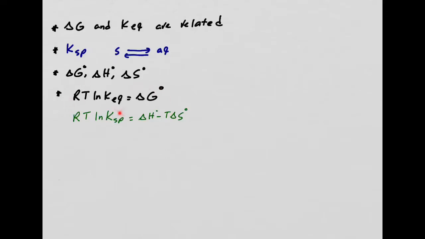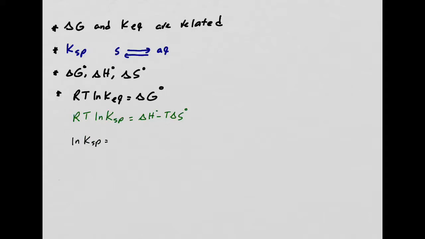So I took this. I knew my K equilibrium specifically is KSP. It's like KA, KB, KW. This is KSP. And then delta H minus T delta S, because delta G equals that. Then I'm going to move this around a little bit and solve for ln of KSP.